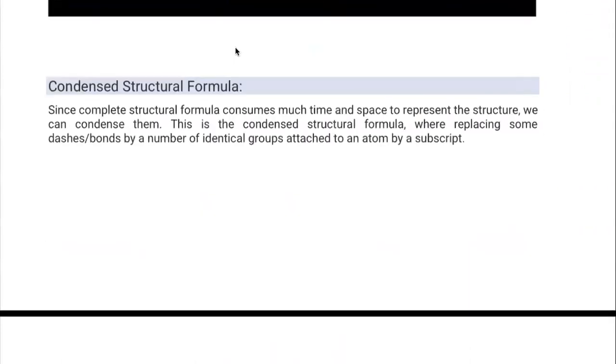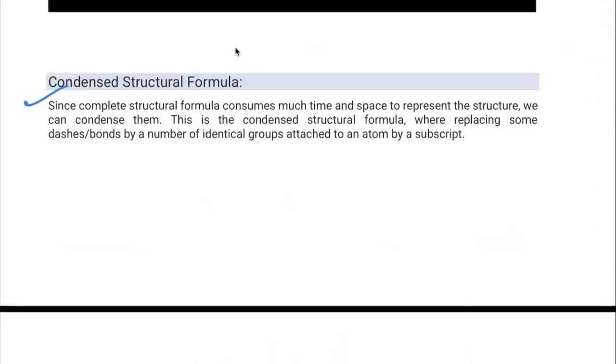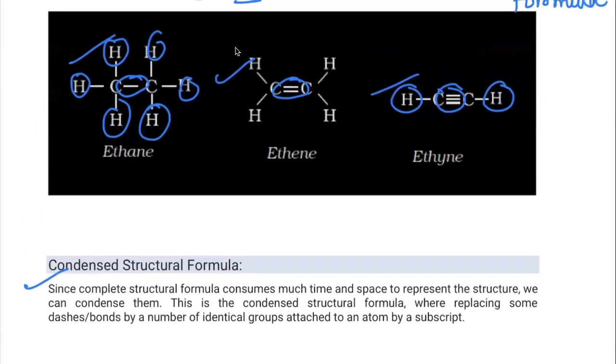Now, the condensed structural formula. Since the complete structural formula consumes much time and space to represent, yes or no? If we have to show all the bonds, it will take much time as well as much space. Ethane, ethene and ethyne are very small compounds.